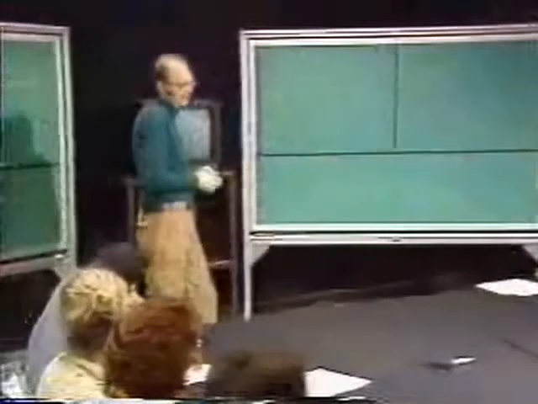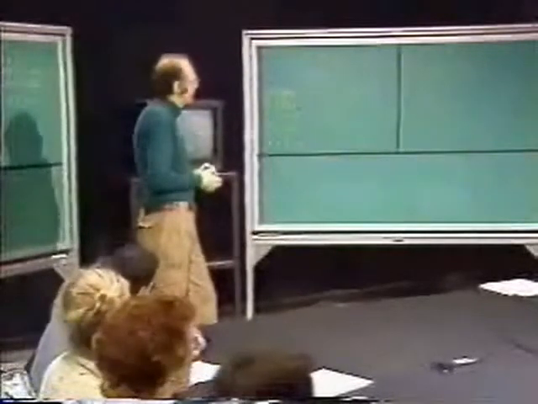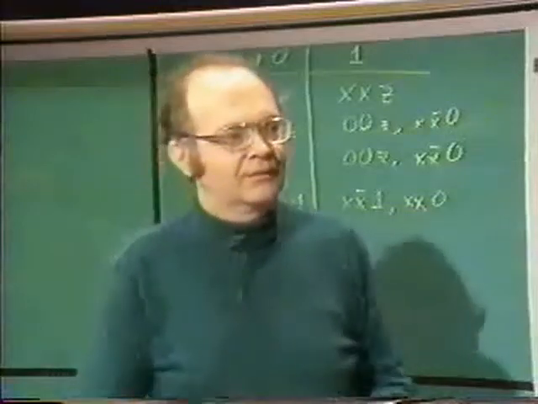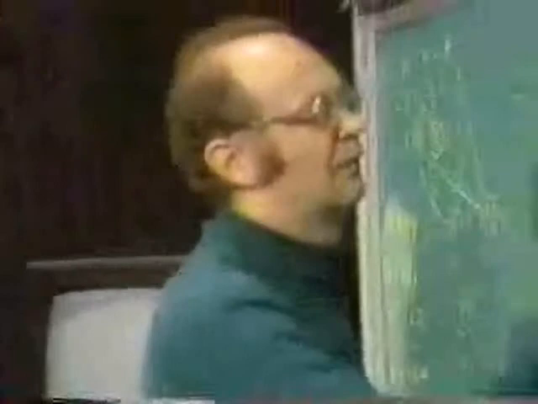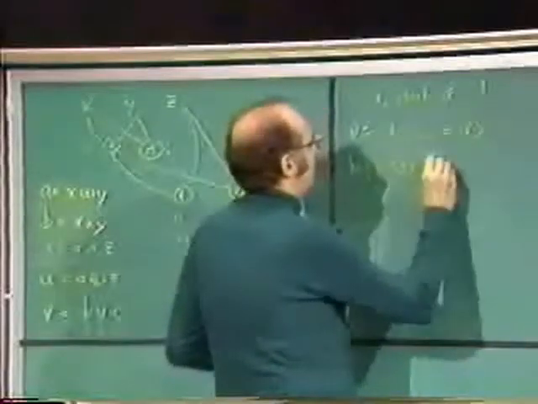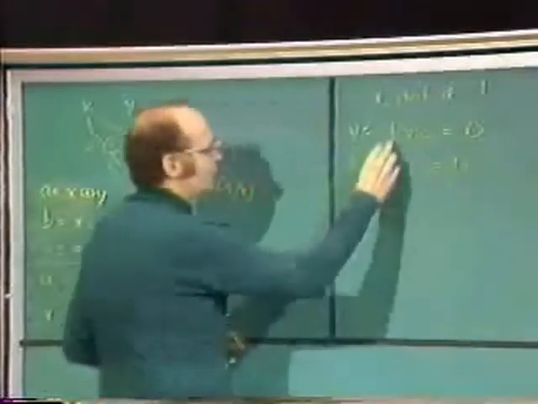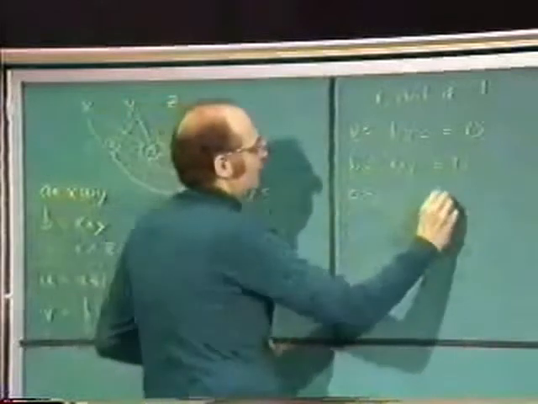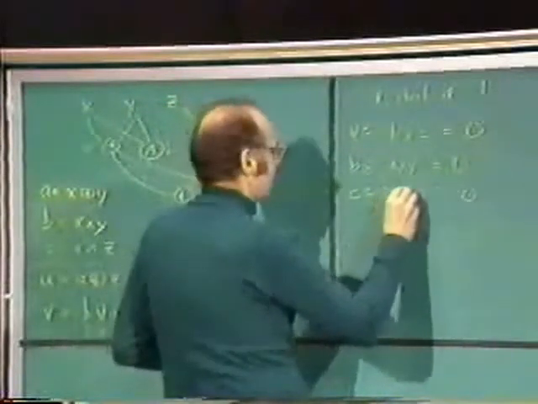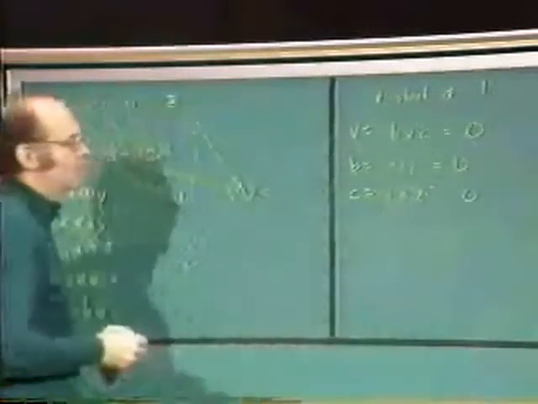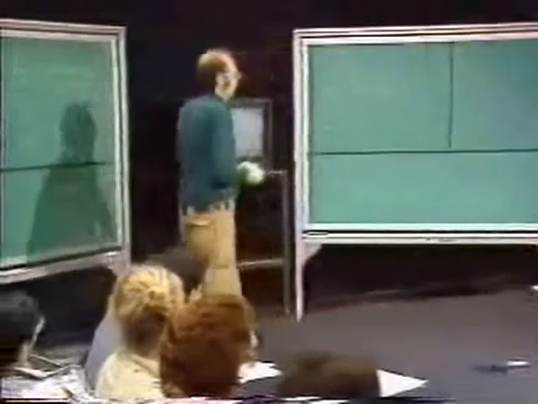Okay. Now let's go to Amy. See, that would mean that we need x and y equal to 0. Yeah, because B and C both have to be 0. X exclusive or y, and z equals 0 also.